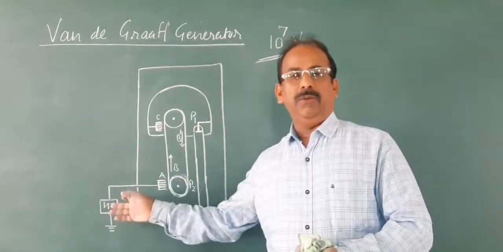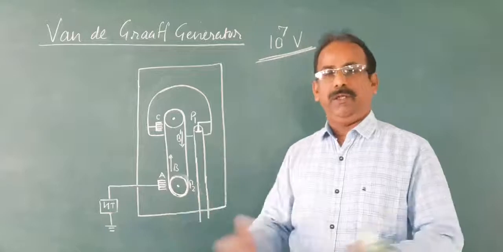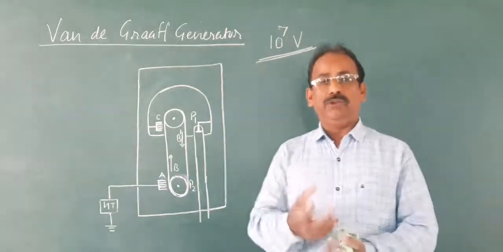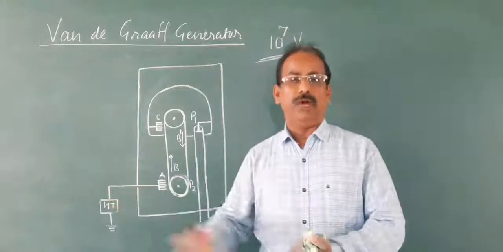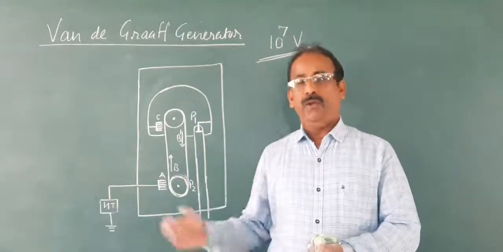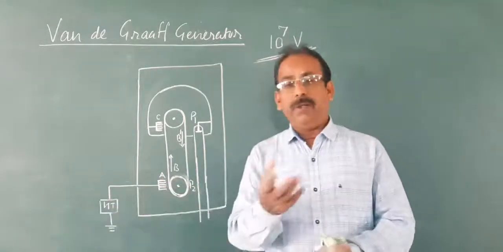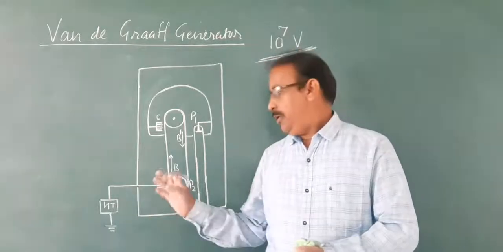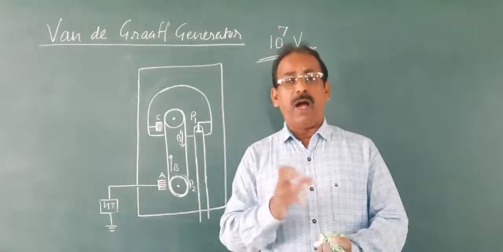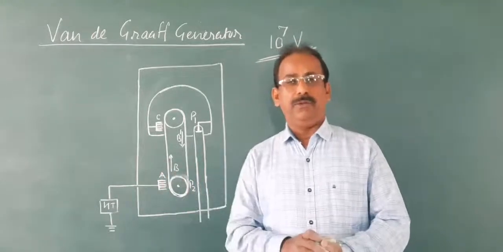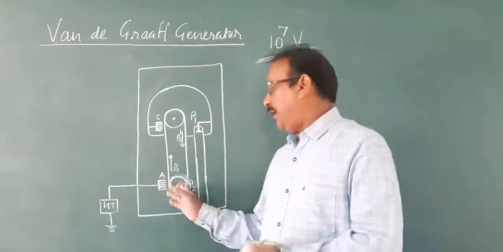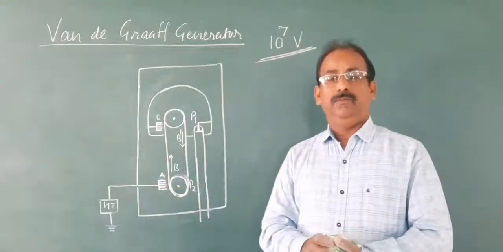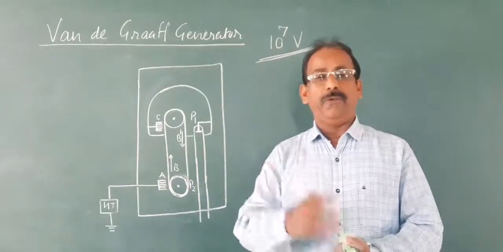If it is connected to the negative terminal, it will receive negative charge. Using the phenomenon of corona discharge, we can take the charge received by this spray brush onto this rubber belt.